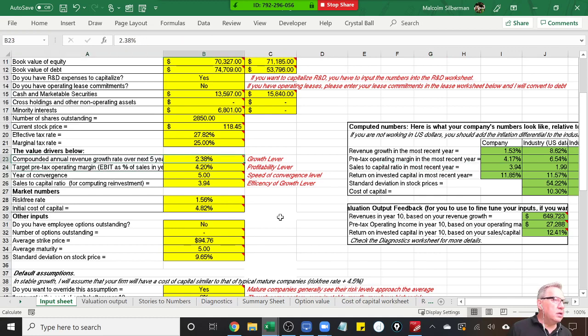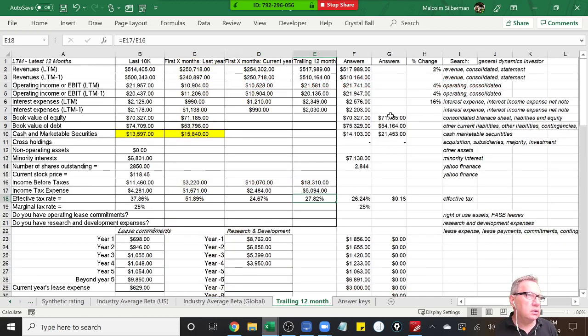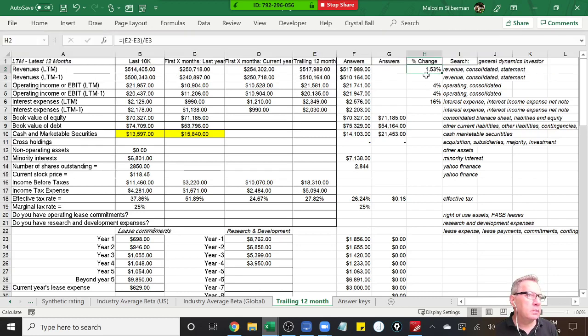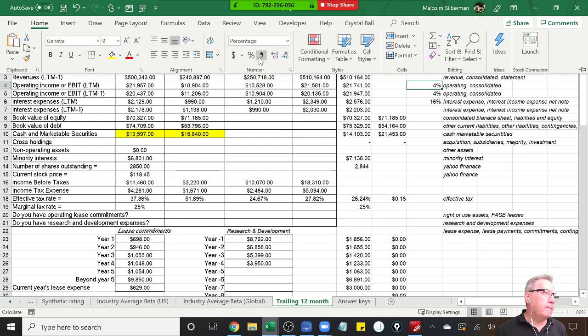So let's now come back and look at the first two numbers. As you remember, we looked at 2% growth. 1.53, and then the margin. You know what the margin is? There's the formula. It's your profit margin.